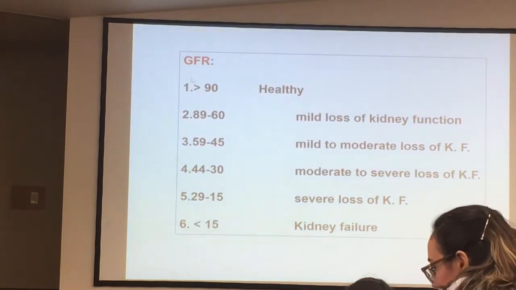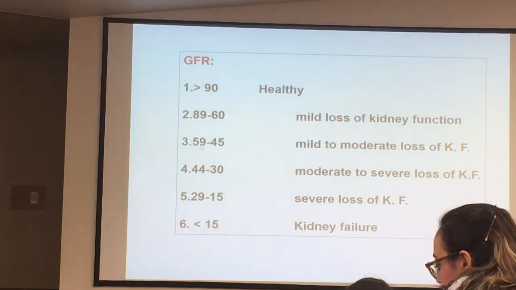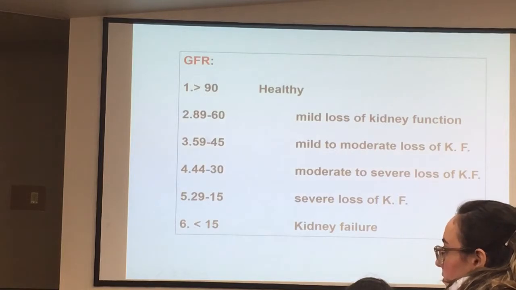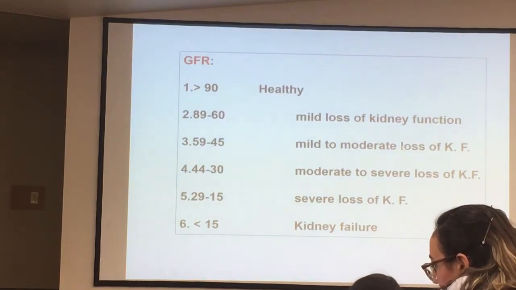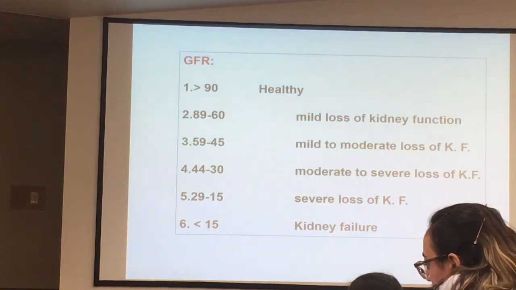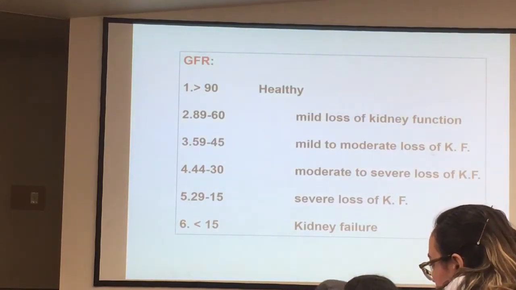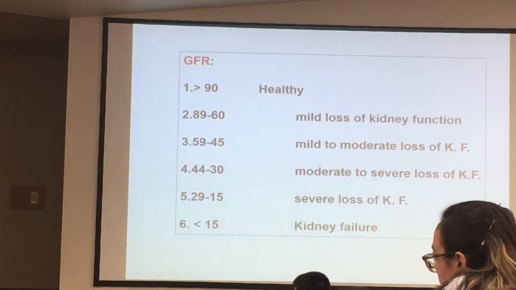And if the value is down to lower than 60, 59 to 45 is a moderate loss of kidney function, chronic, maybe the kidney will lose its function. If it goes down to 30, that is really severe kidney dysfunction.